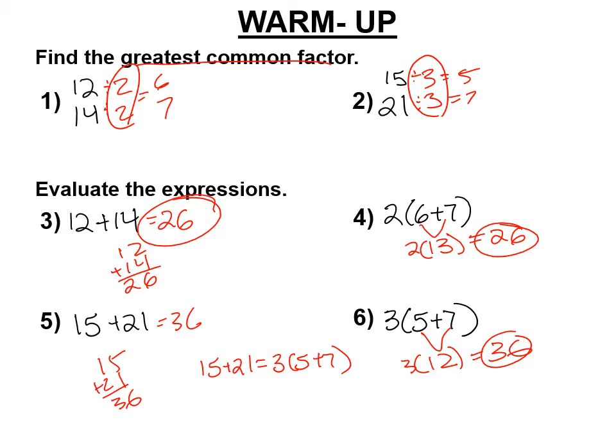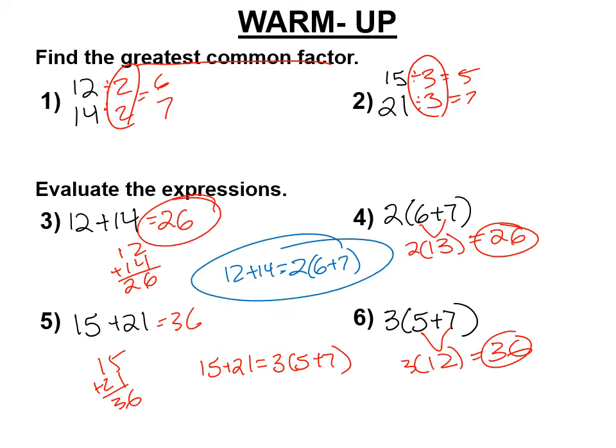Well, that's interesting. And it turns out, let's look at the one above it, 12 plus 14 is the same as 2 times 6 plus 7, right? Those two sides of the equal sign had the same answer, 26. Those two sides had the same answer, 36. Well, why is that? All right, we're going to see that today.